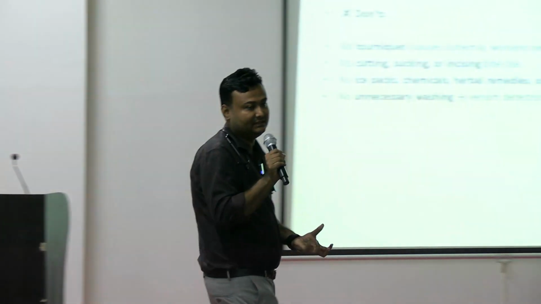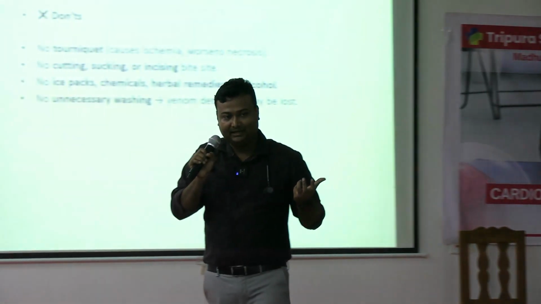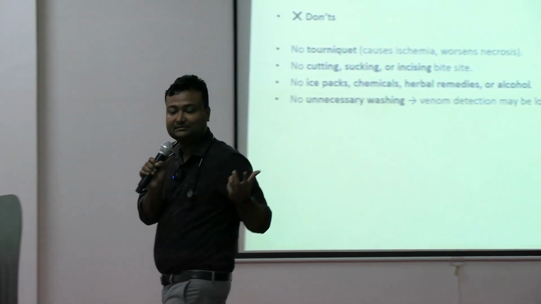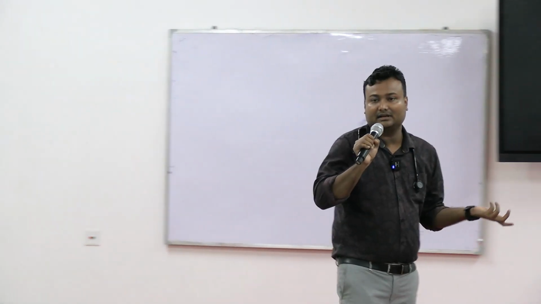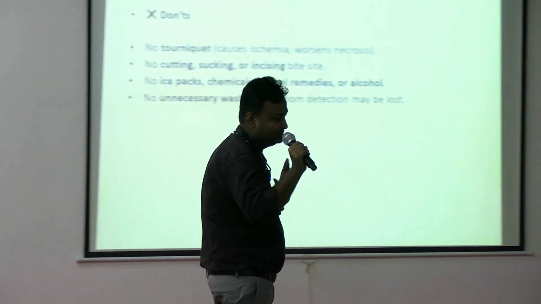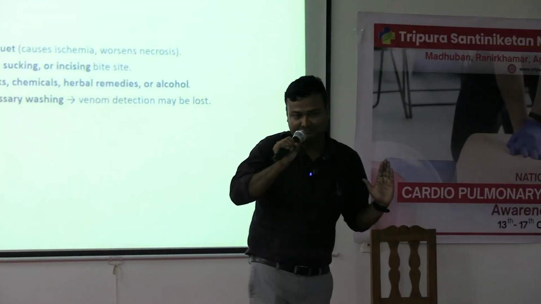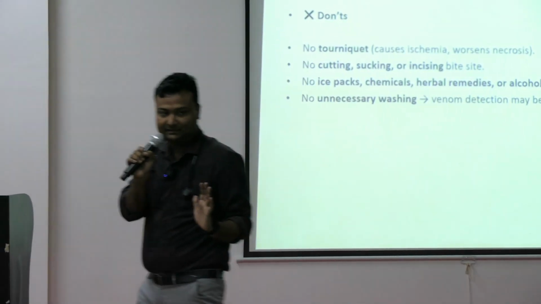This sudden gush of toxin at a higher level may hugely impact the brain or the cardiac muscle, and systemically it will damage more. So for these three reasons, we should not use any tourniquet in a snake bite patient. This is very commonly practiced in localities.